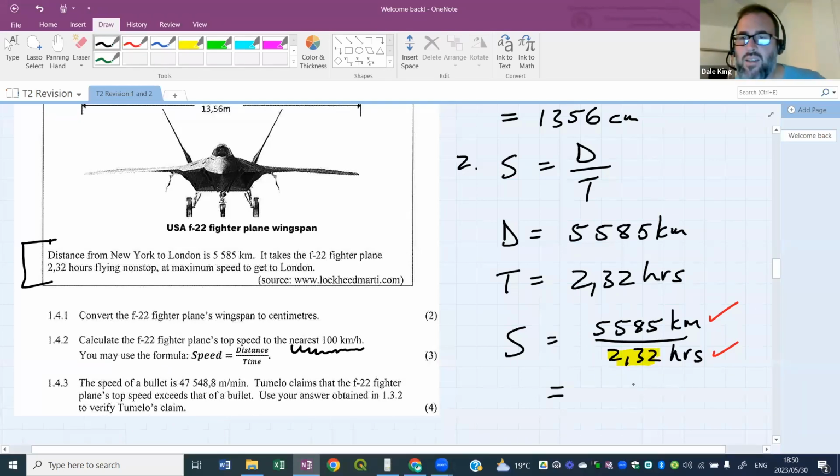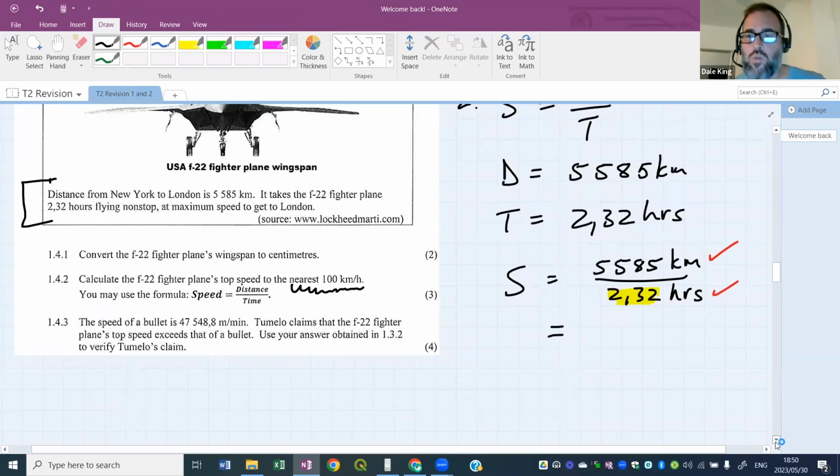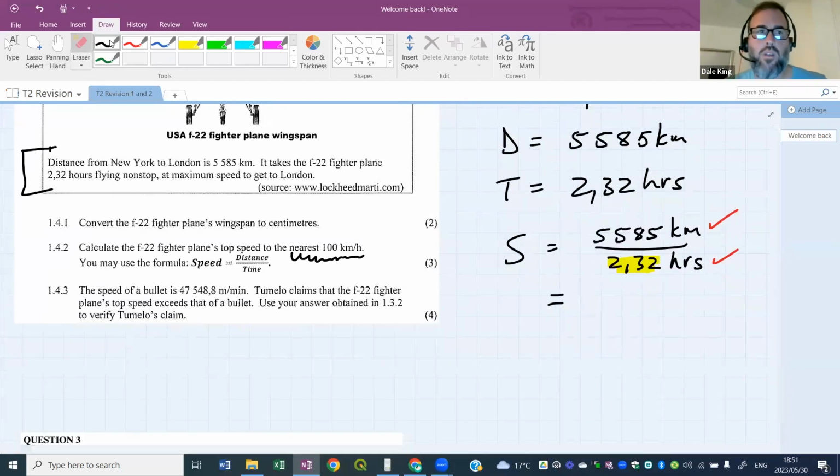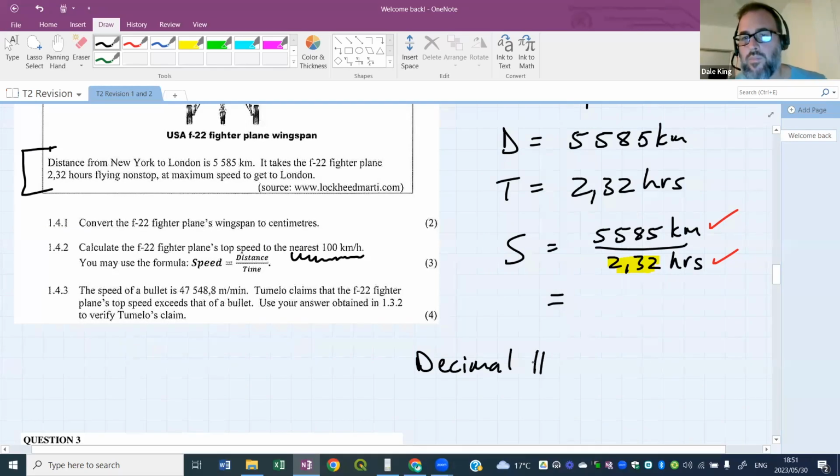is in decimal hours. When we spoke about this, we spoke about two ways you can write time: decimal hours, and hours and minutes. Two separate ways to write time.